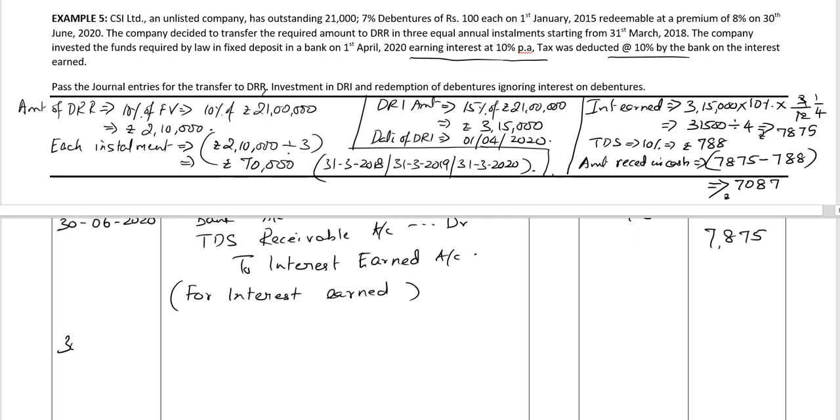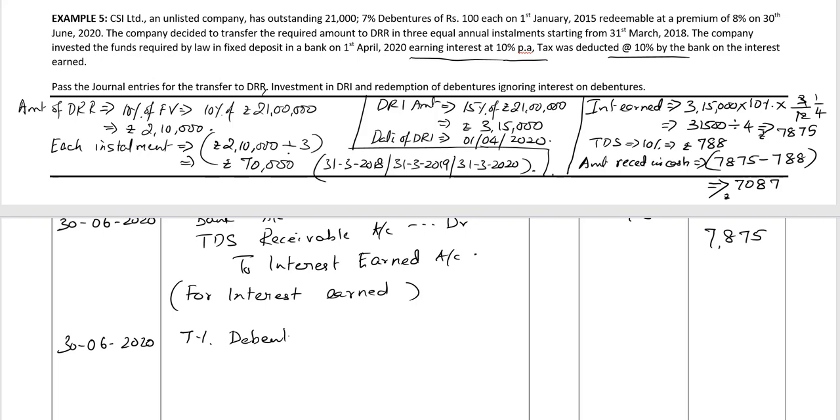The next entry we will make the amount due to the debenture holders. 7% debentures account debit, ₹21 lakh.